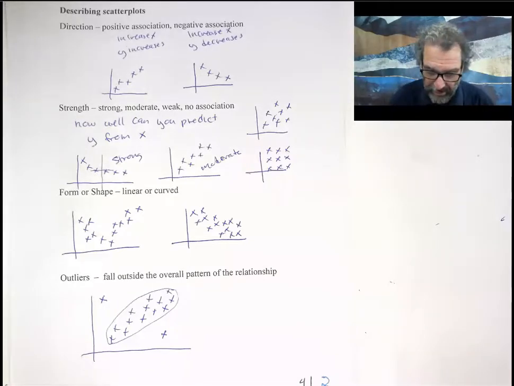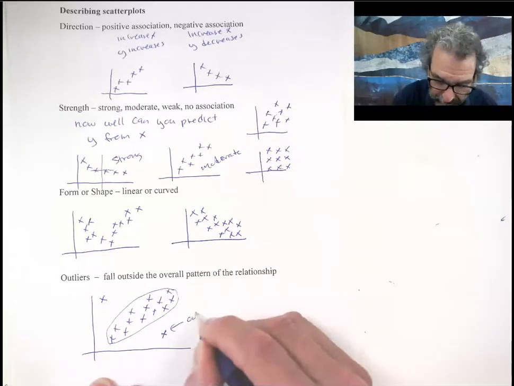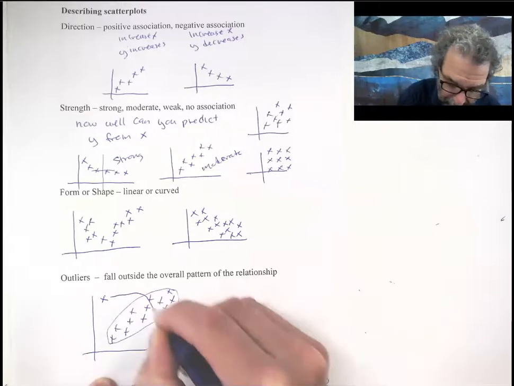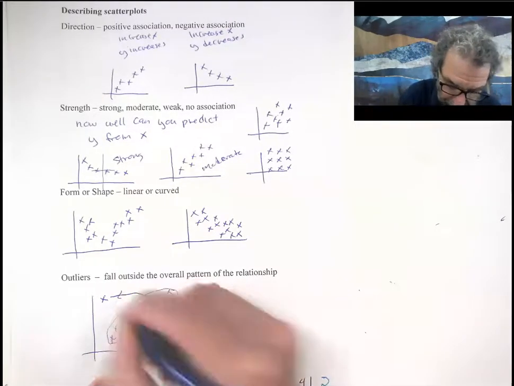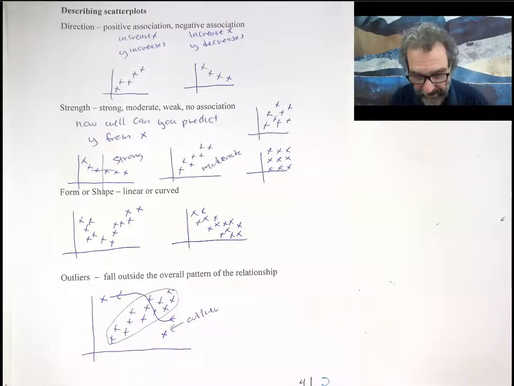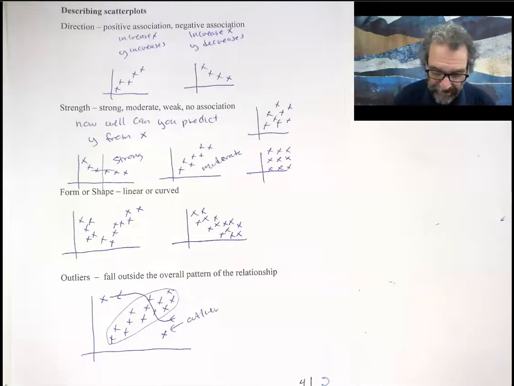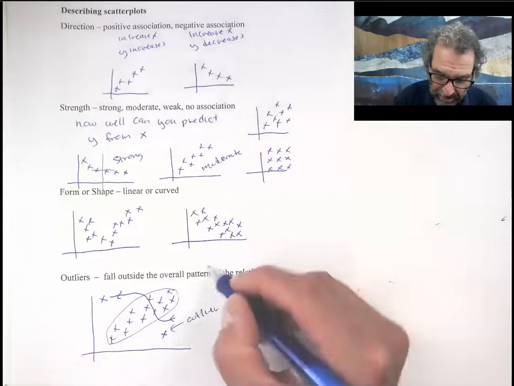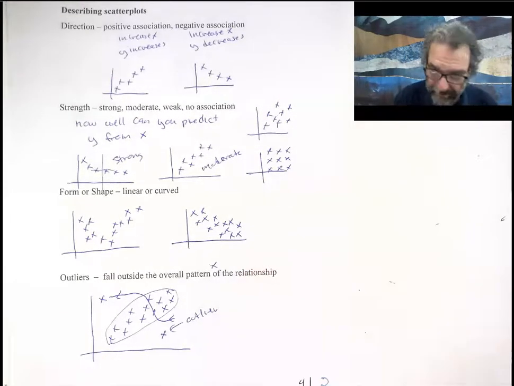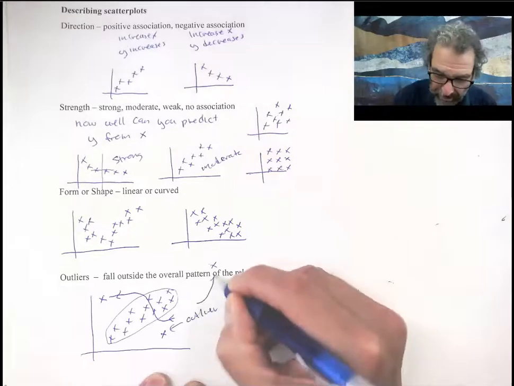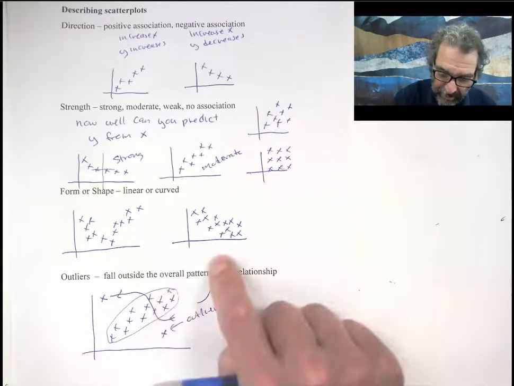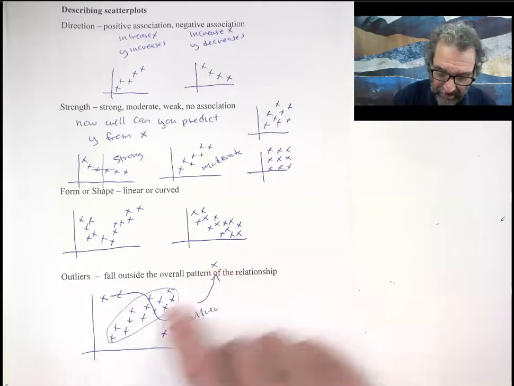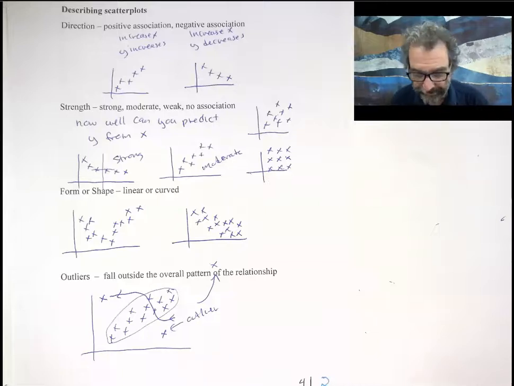Those would be the outliers. Outliers may follow the trend line we see here. It might be up here, but it's so far away that you consider it an outlier anyway, even though it seems to be following the same overall pattern. It's not part of this block, so you still call it an outlier.